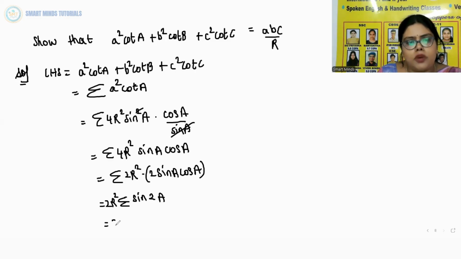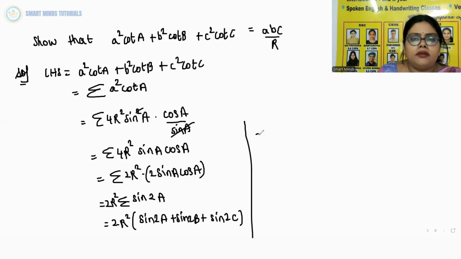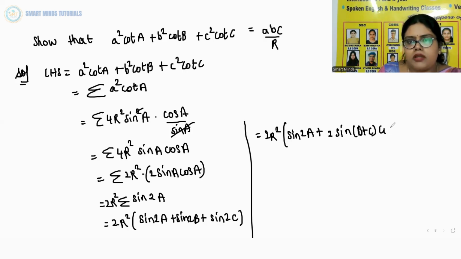So that is 2R square into, if you expand the summation, you will get sine 2A plus sine 2B plus sine 2C. Now we are proving this using transformations. So 2R square into sine 2A we are writing as it is. Now sine C plus sine D is 2 sine (B plus C) by 2 cos (B minus C) by 2.